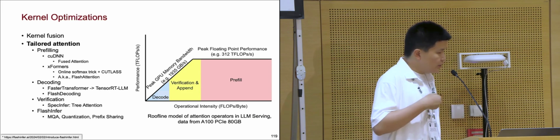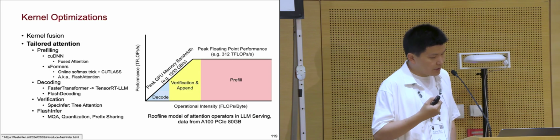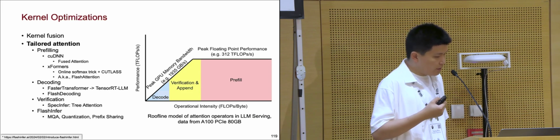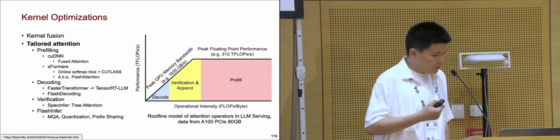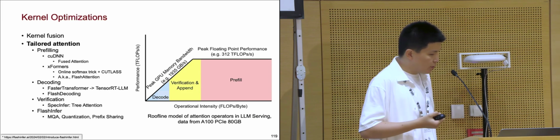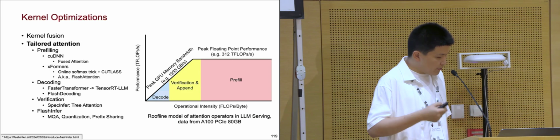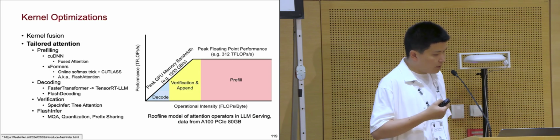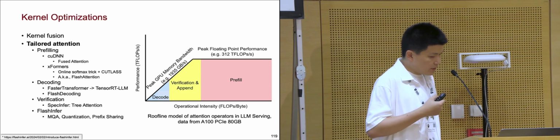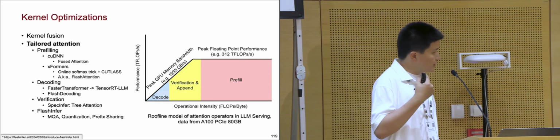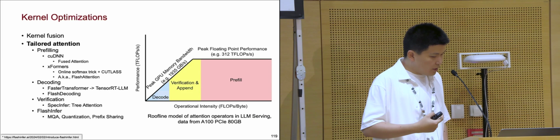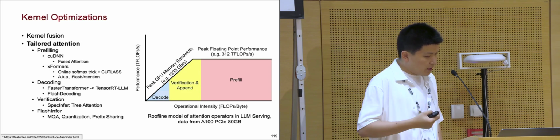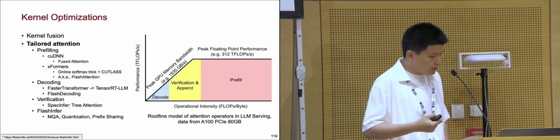And actually, there are some other categories of tailored attention optimization. For example, as we mentioned before, in speculative decoding, the verification can also be optimized significantly, because as we can see in this figure, it shows the roofline model of these three stages during attention computation.